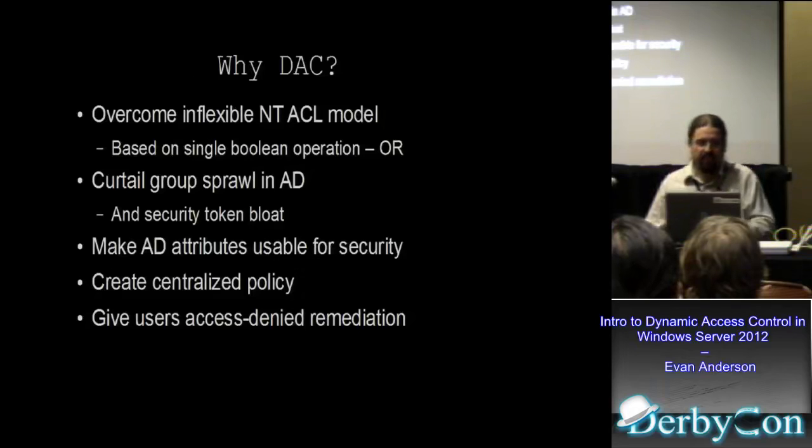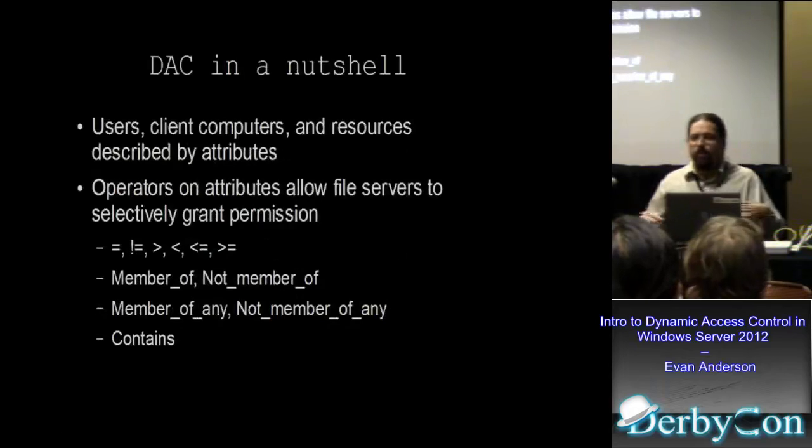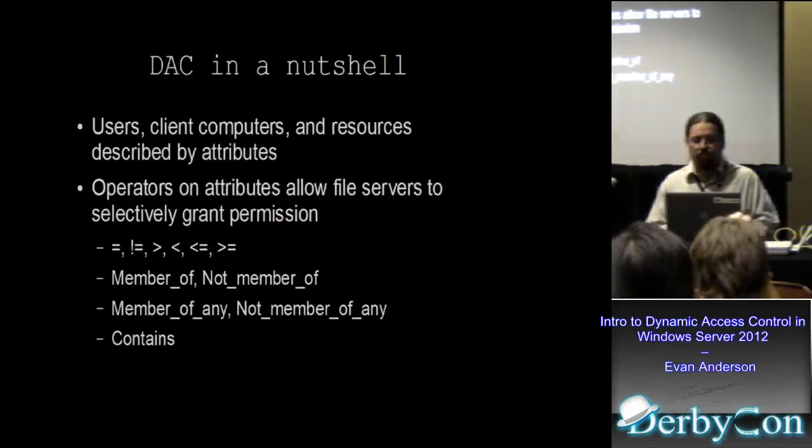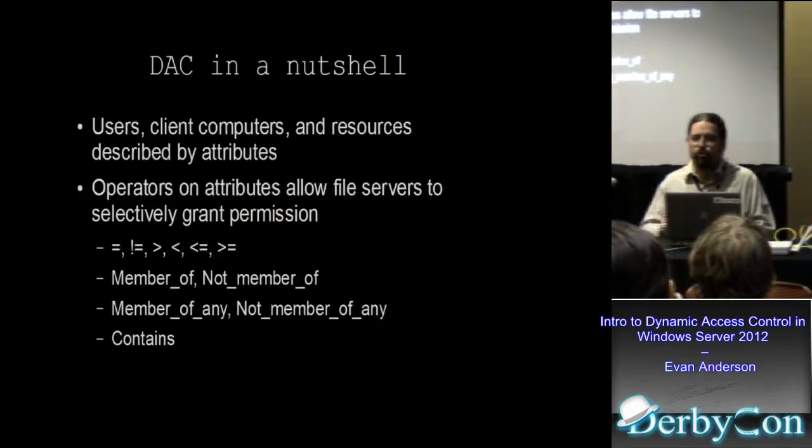It's kind of neat. If I boil all the rest of this down into one slide, so you can see the slide and you can get up and leave, DAC takes users, client computers, and resources, and it describes them by attributes. It lets you use those attributes in expressions with Boolean and logical operators to make permission decisions.